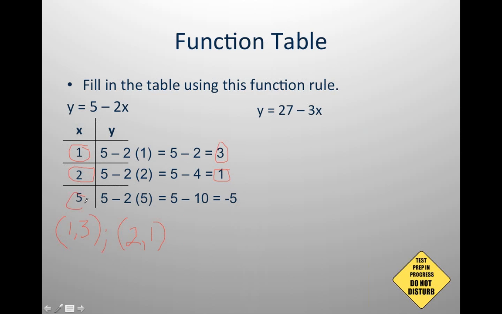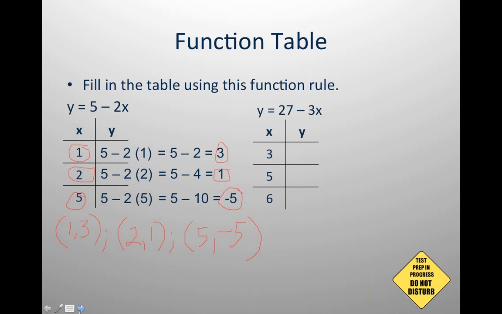And then we got 5 and negative 5. So this is how we recognize the pairs. Now we could also leave them in the table because the table has the pairs summarized as well. So those are our order pairs.